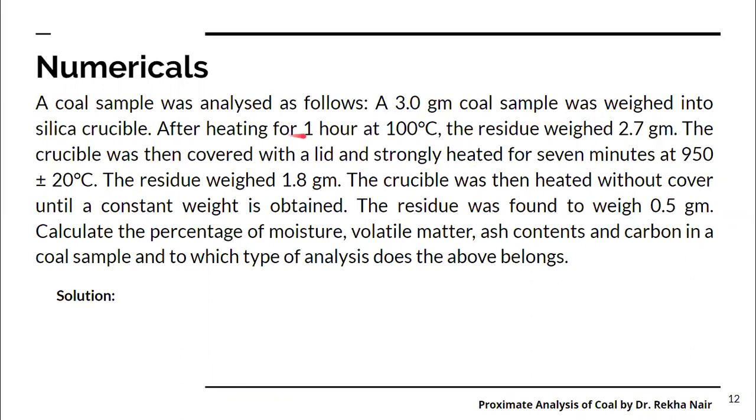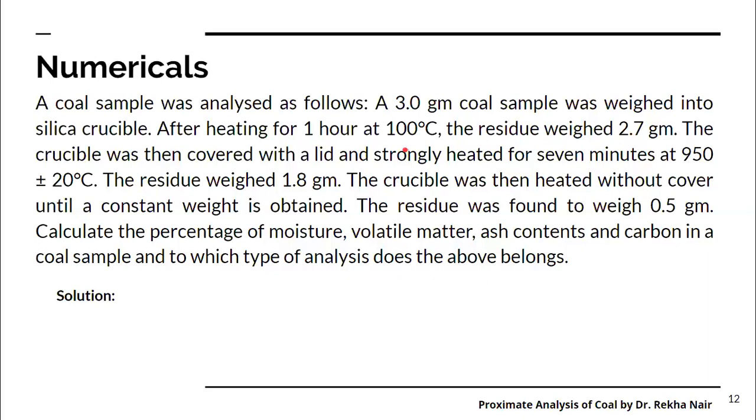It is heated for 1 hour at 100 degrees centigrade, which means there is loss of water at 100 degrees centigrade. After removal of water, the residue weight is 2.7 grams. So W2 is 2.7 gram.